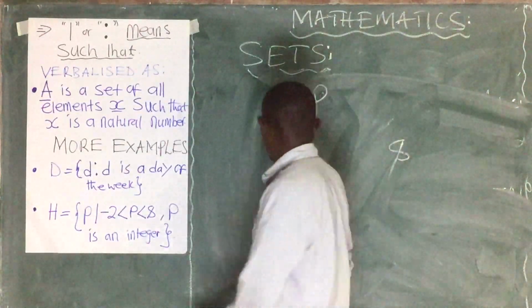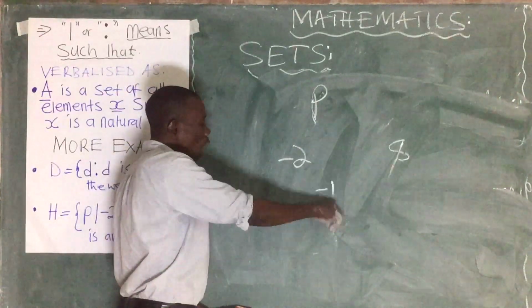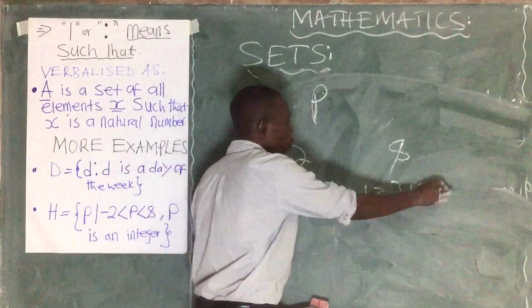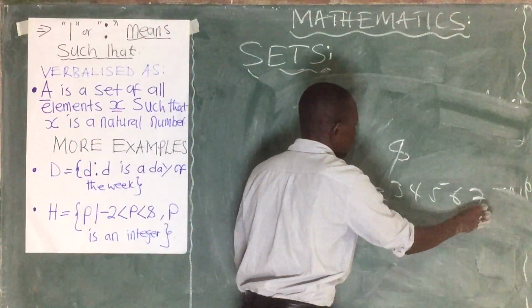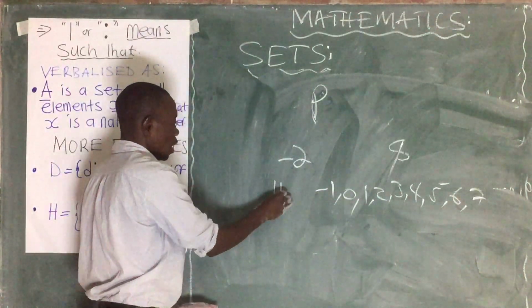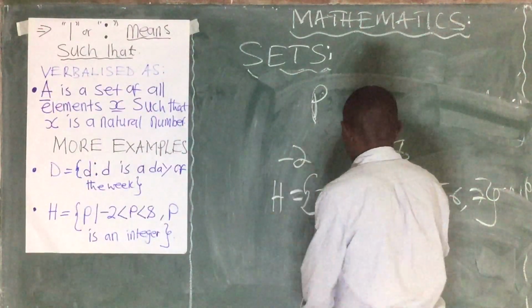So it means you're going to talk of all the numbers above -2, which are -1, 0, 1, 2, 3, 4, 5, 6, 7, like that. These form the set H. If you are to write directly, you have this.